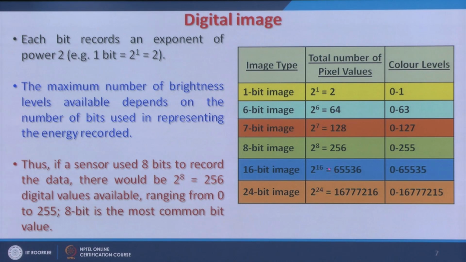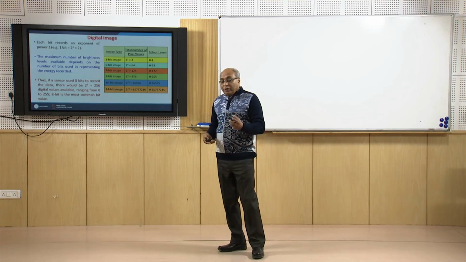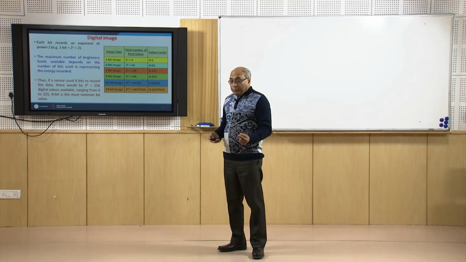So hopefully we are going to have even 16 bits, and you can see that the range is 0 to 65,535, total number 65,536. And here 24 bit images, 2 power 24, that means 1.67 million values available for each pixel.